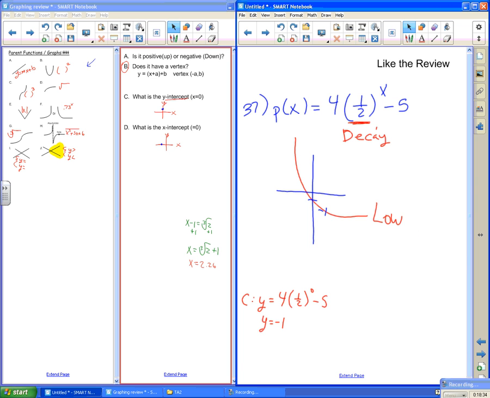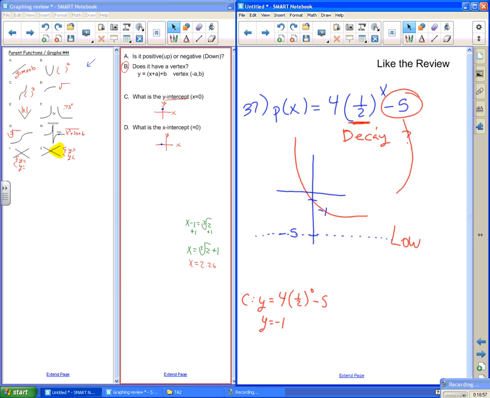What is this low here? Well, the low is, if you remember, always this number on the end. So there's our low. That's as low as we can get. So really, at negative 5, we have this kind of low value. It can't get lower than that.